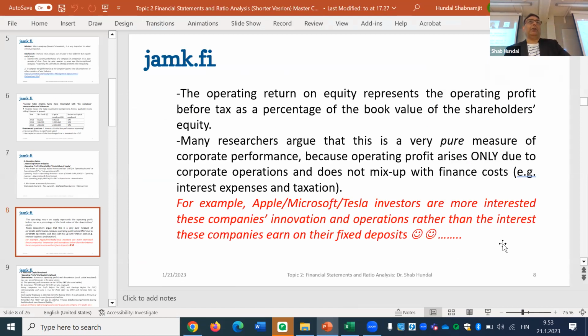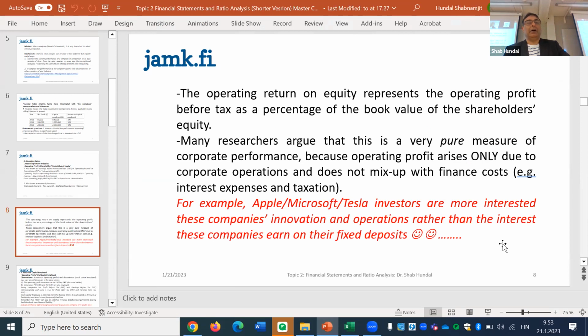The reasoning of operating profit, I think we discussed yesterday, is that if you want to invest in some company, you don't want to invest on how much interest they earn or how much tax deductions they get from the tax man, but basically you want to see how much has been their operational performance. If I want to invest in Apple, I don't want to see their bank account.